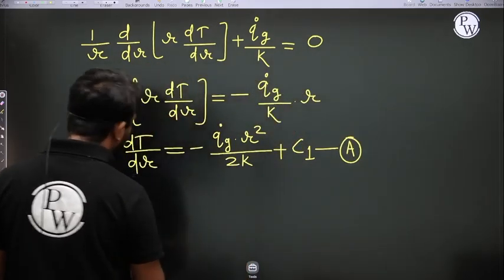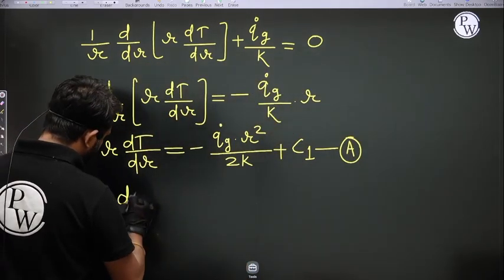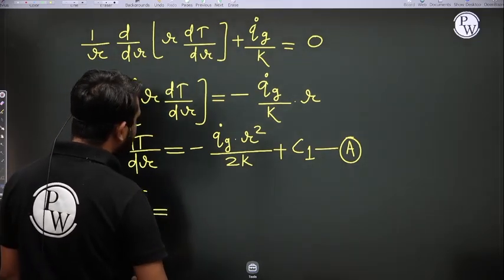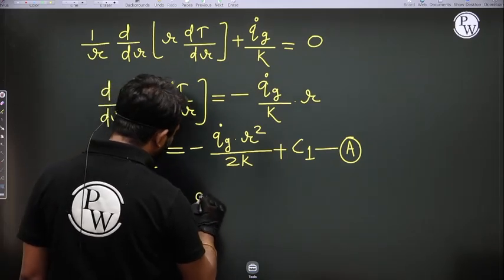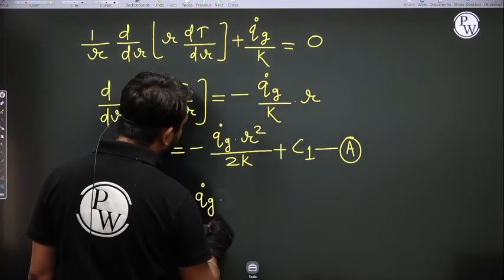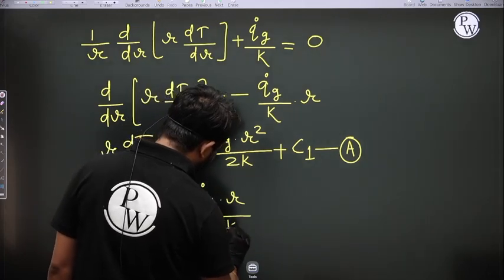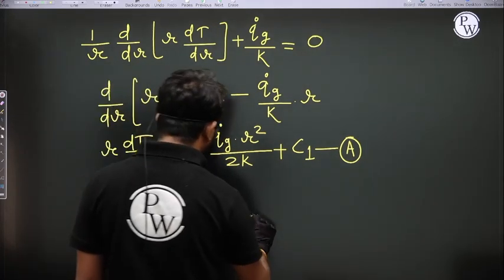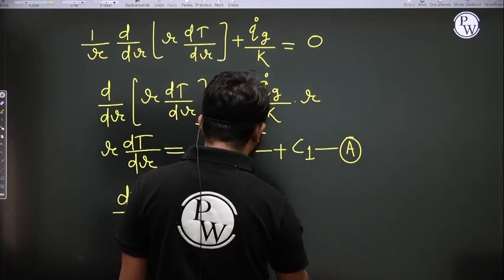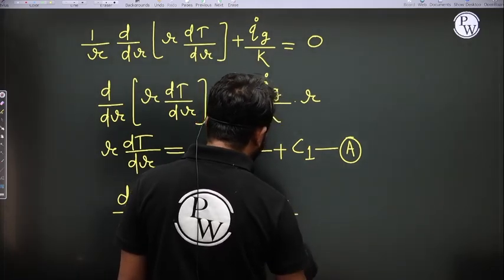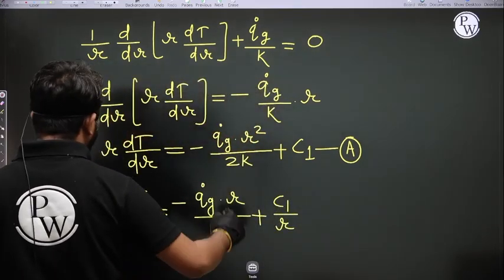Now you can arrange this expression: dT by dr is equal to minus q dot g into R by 2k, plus C1 by R. Now integrate once again.